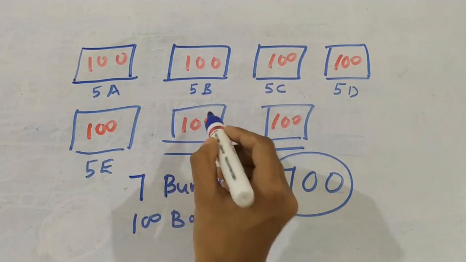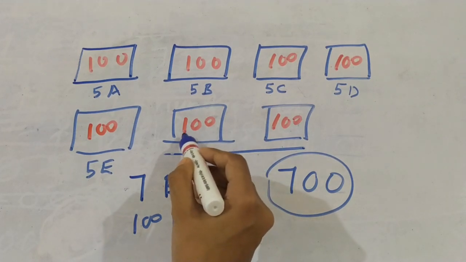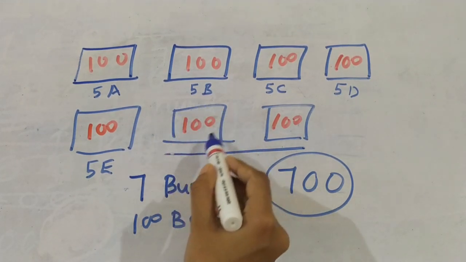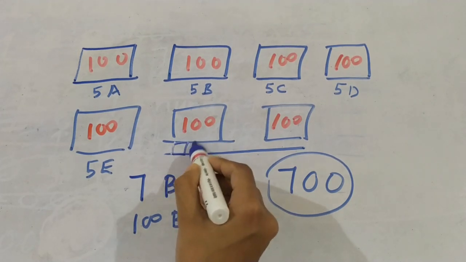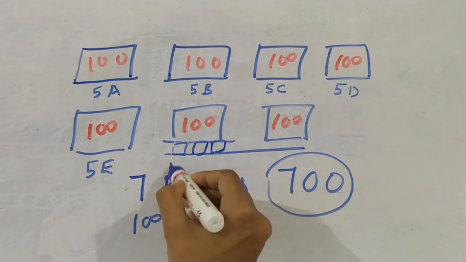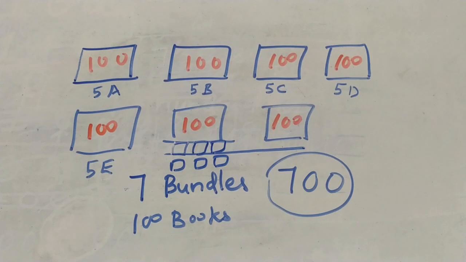Now there is 100 books in one bundle. We will make 10 bundles. Each bundle will be containing 10 books. So you know that 10 into 10 is 100, right?